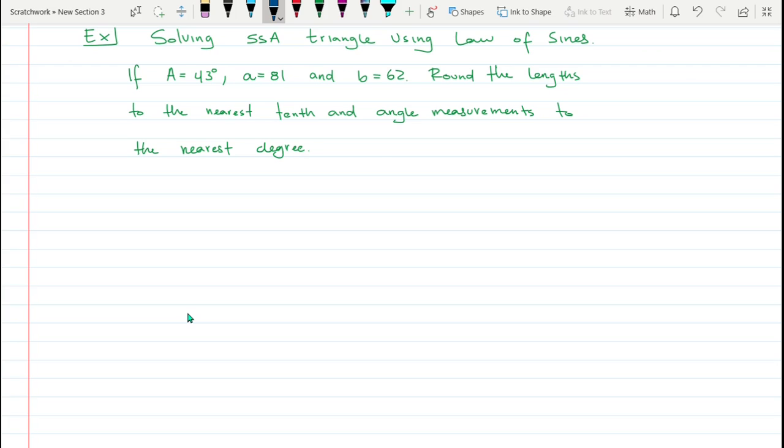So many ways to kind of begin this problem. So one thing that we can notice is that A is greater than B. So that happens when there is one triangle. Okay? So we know that we're at least going to have one triangle.